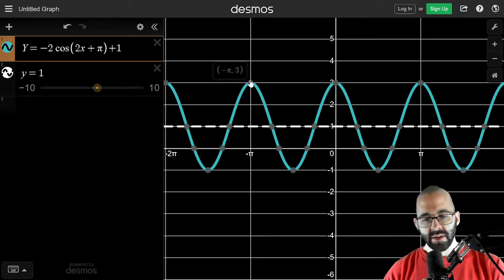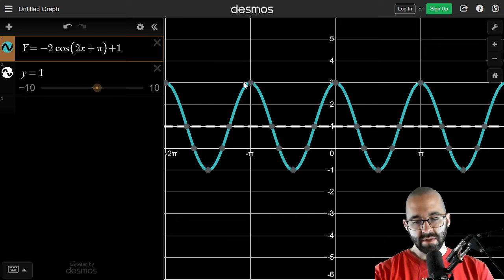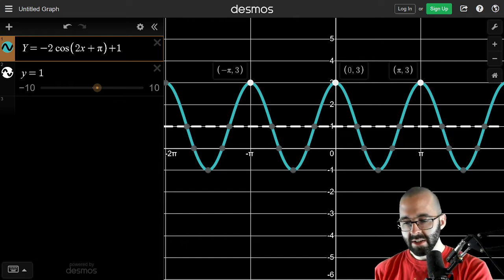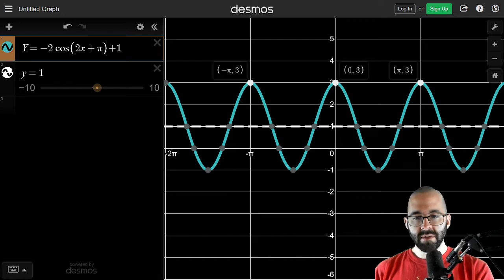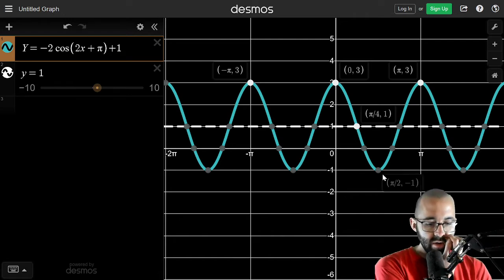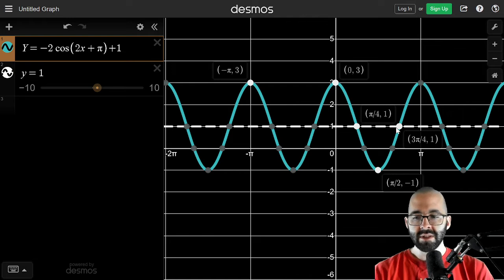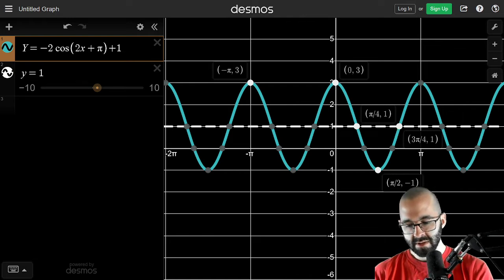So the most important thing in our scale is that it has to do with pi. We need to clearly show this information. Usually we can think about a sine graph or a cosine graph in 4 parts: top, middle, bottom, middle. So let's divide this period into 4 parts.